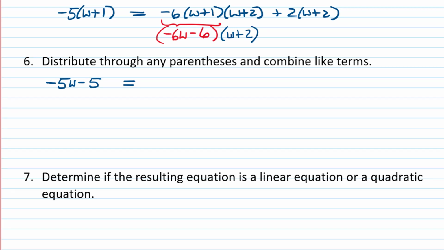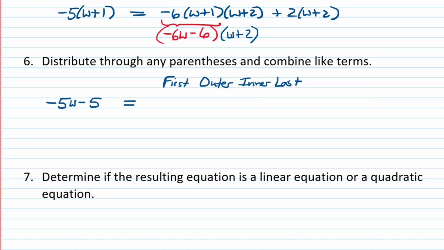Don't make the common error of thinking you have to distribute the negative 6 to both of the sets of parentheses. Now we're going to FOIL, which means multiply the first terms together, then the outer terms together, then the inner terms together, and then the last terms together. So first times first would be negative 6w times w, or negative 6w squared.